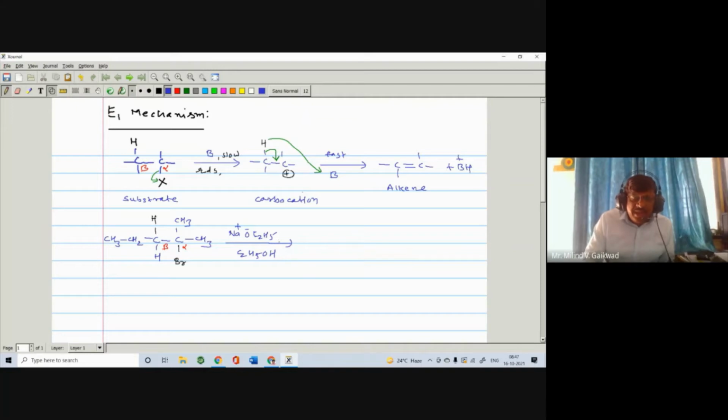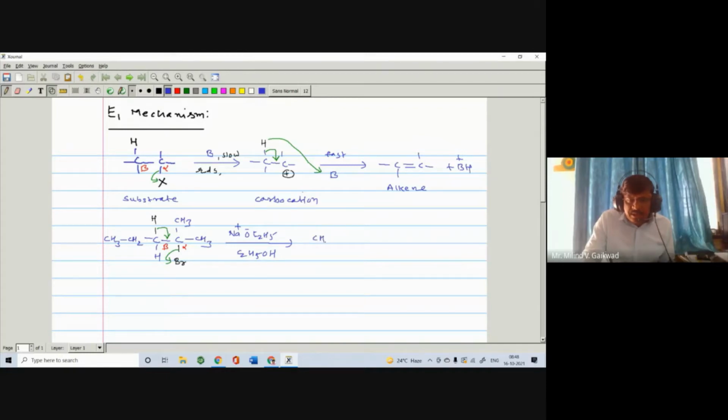We can say alcoholic sodium methoxide. So in the overall transformation, this sigma bond will open here, right? And this sigma bond will shift here, and there is a formation of the corresponding product, and it gives the Saytzeff product.